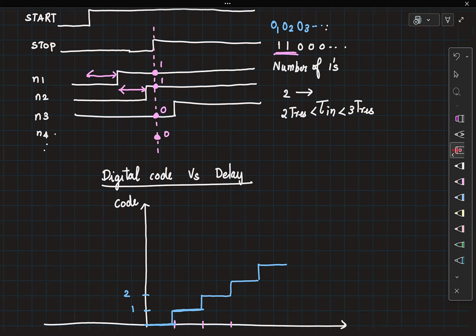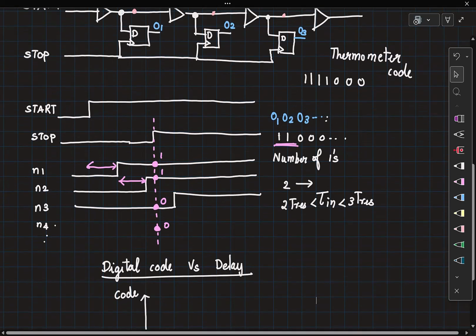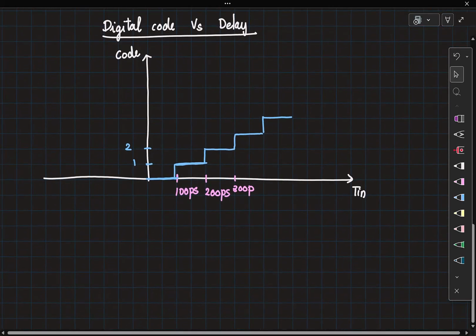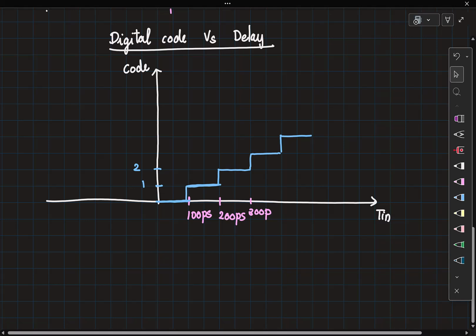Right? So you can have a long thermometer code, but at the end of it, you can convert this into a binary representation so that you're using a lesser number of bits for further processing.